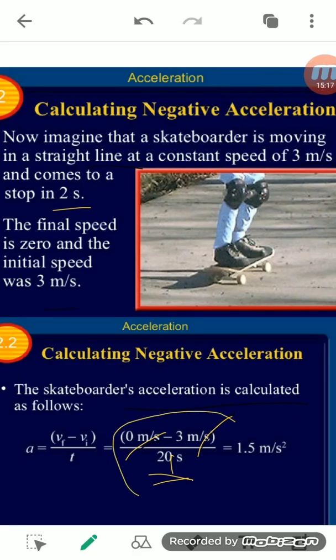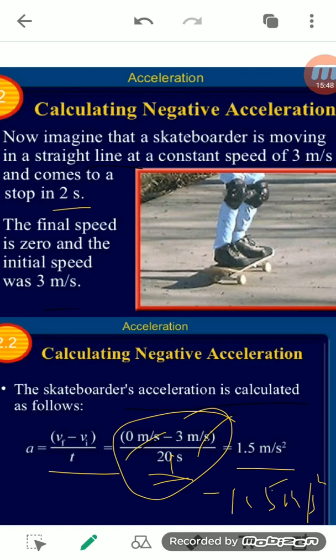When we divide using this formula, we get the answer 1.5 meter per second square, and it is actually minus 1.5 meter per second square, because 0 minus 3 meter per second gives minus 3 by 2, which equals minus 1.5 meter per second square.